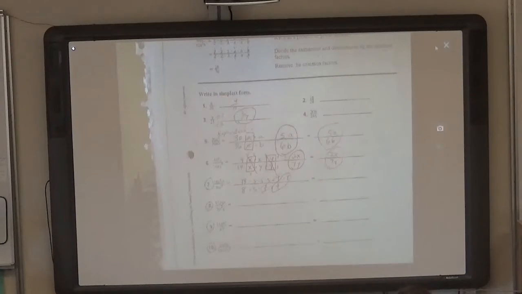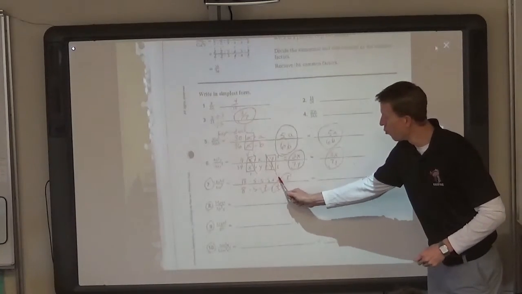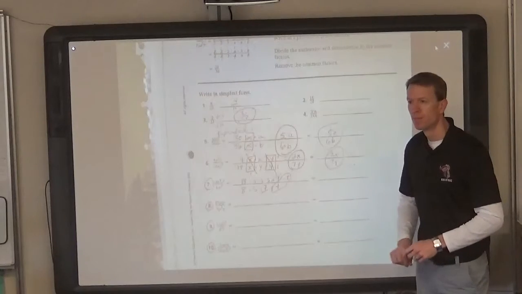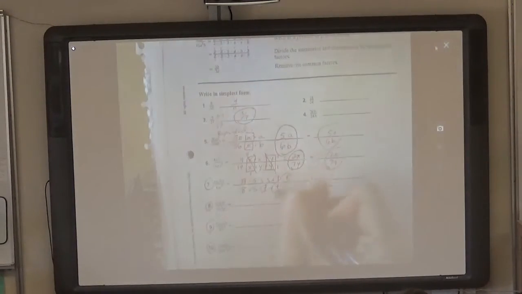Yeah, it really doesn't matter if they line up vertically, as long as there's one on the top and one on the bottom. So then divided by 2 would be 9 over 4. These t's are gone, and then one set of s's is gone.